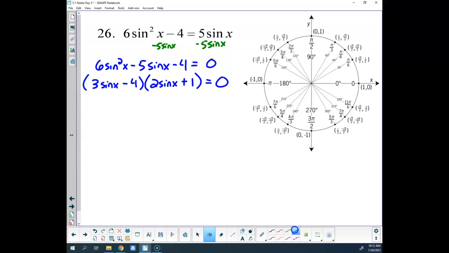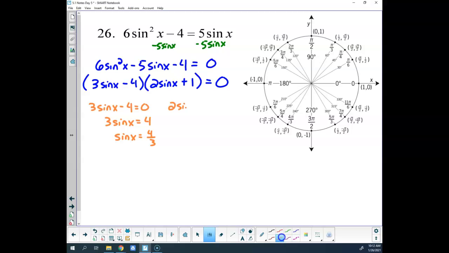That gives me negative 5 sines of x. So then we could say that 3 sine of x minus 4 is equal to 0. So 3 sine of x is equal to 4. So sine of x is equal to 4 thirds.